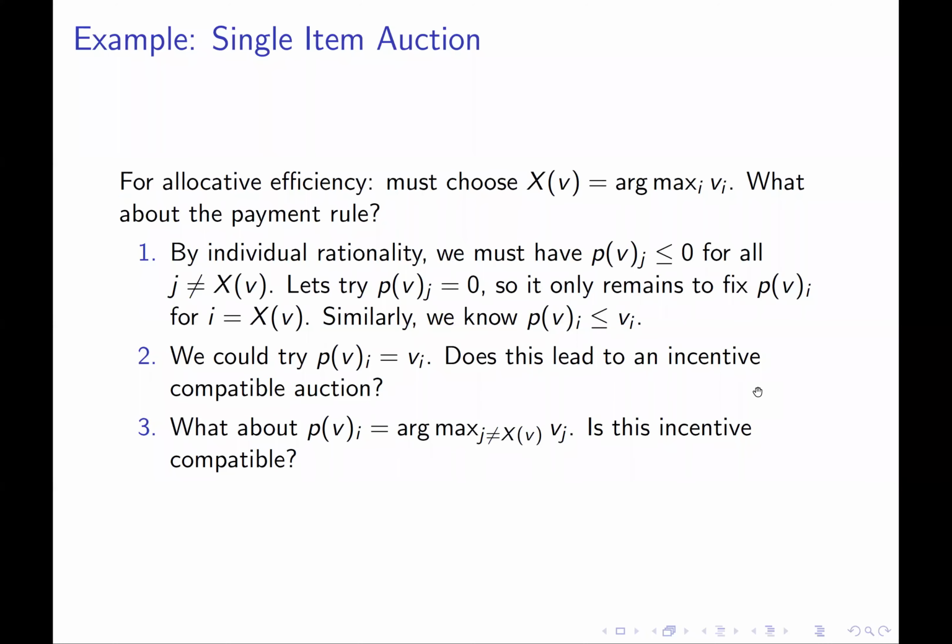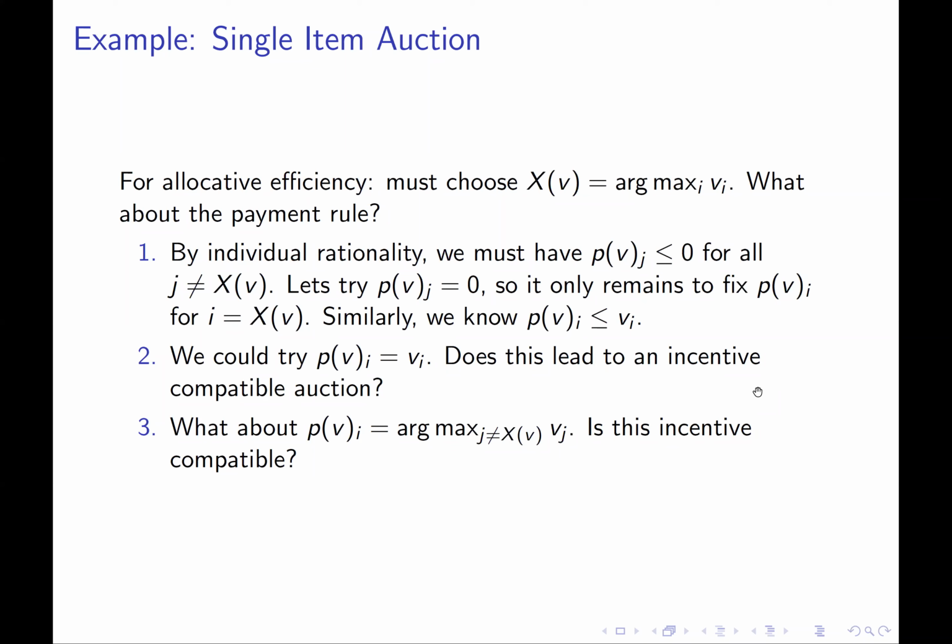They could also lower their bid, and there are two possibilities. They could lower their bid a little bit, but such that they're still the high bidder, in which case nothing changes. They continue to win the auction, and the amount they're asked to pay hasn't changed because the second highest bid hasn't changed.